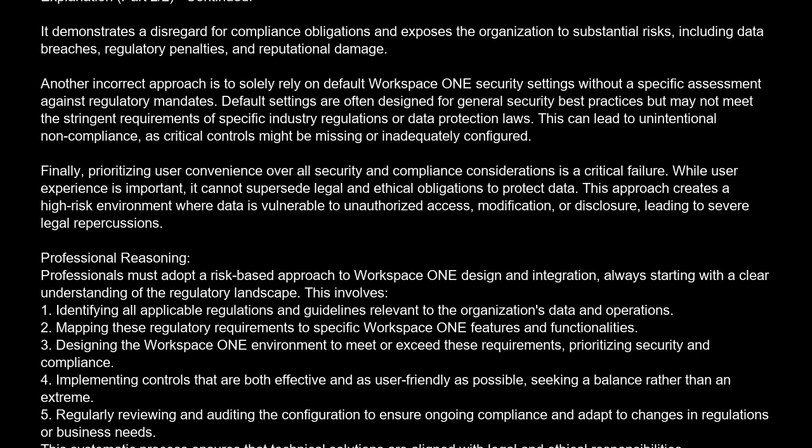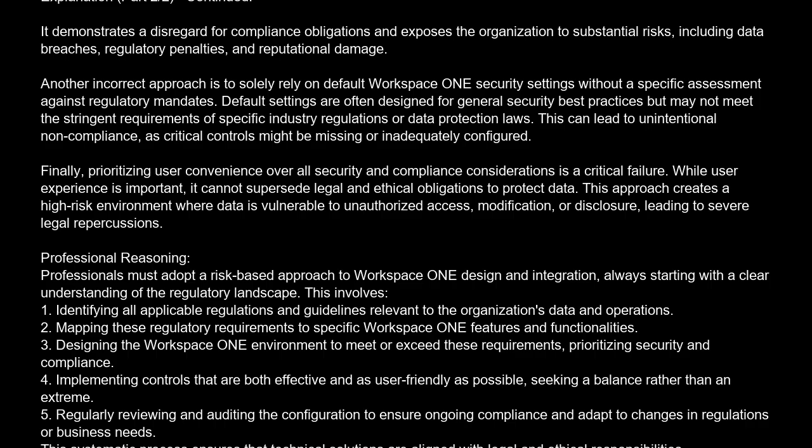Professional reasoning. Professionals must adopt a risk-based approach to Workspace ONE design and integration, always starting with a clear understanding of the regulatory landscape. This involves: 1. Identifying all applicable regulations and guidelines relevant to the organization's data and operations. 2. Mapping these regulatory requirements to specific Workspace ONE features and functionalities. 3.